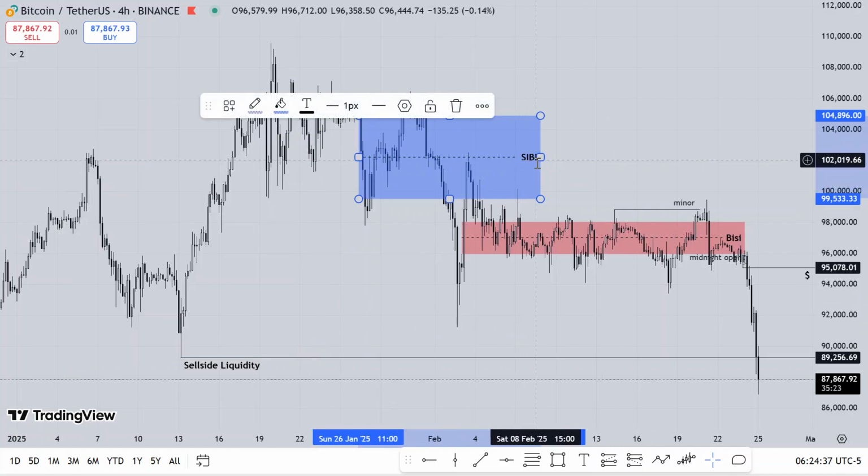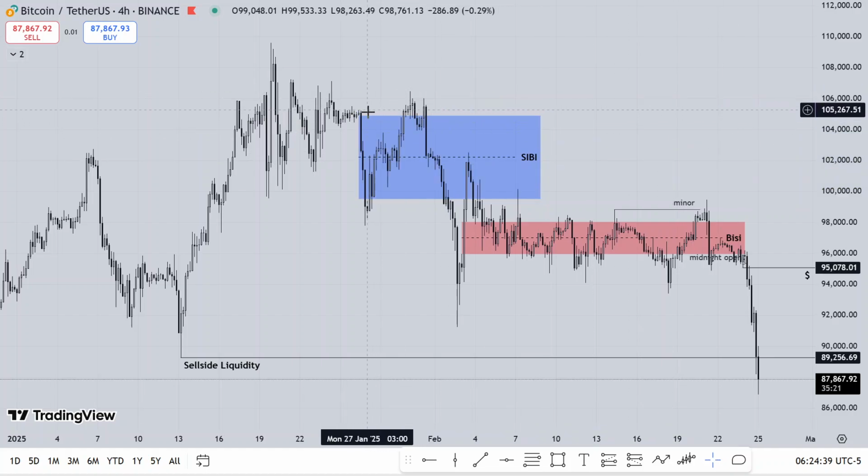So when price created this imbalance here, we rebalanced this imbalance with this rally higher, making this a balanced price range. It has been balanced.